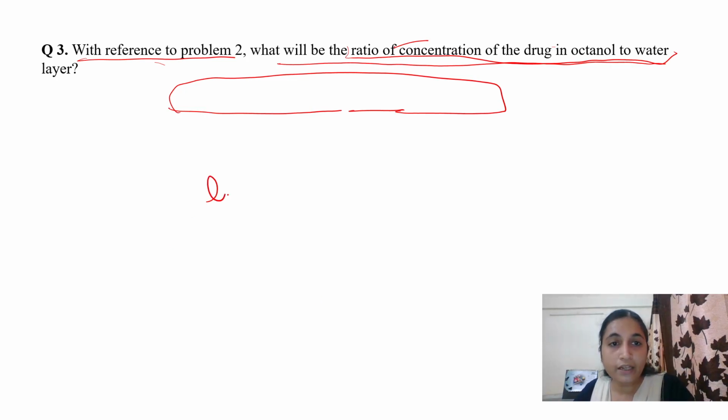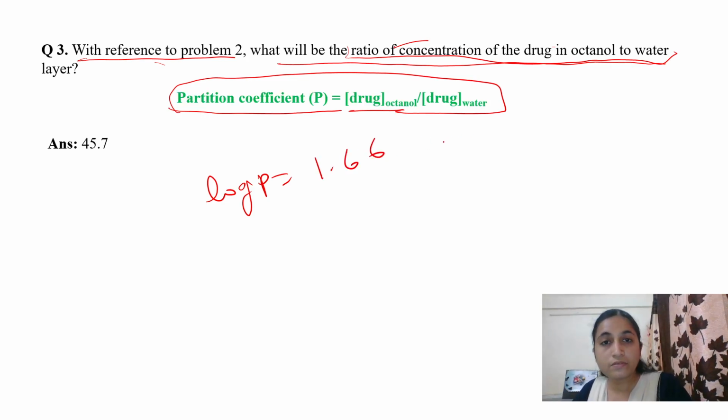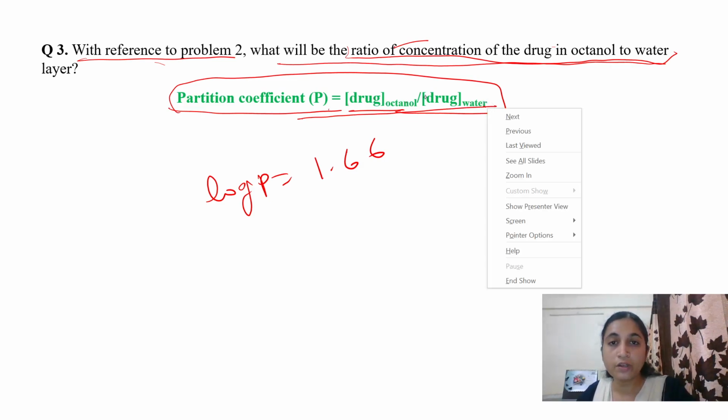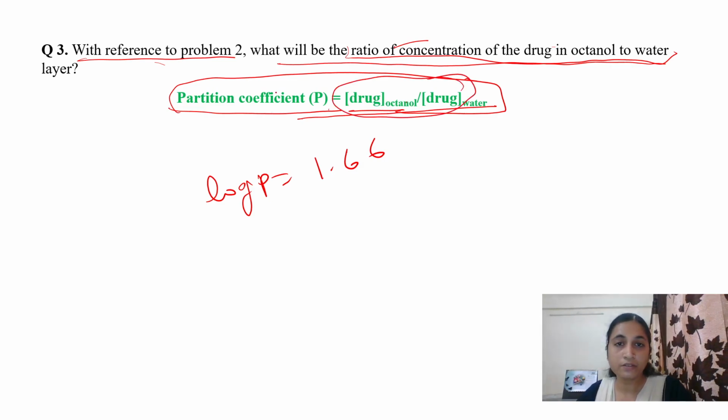So here we will take log P equal to 1.66, and the formula is P equals drug in octanol upon drug in water. We want to calculate this.